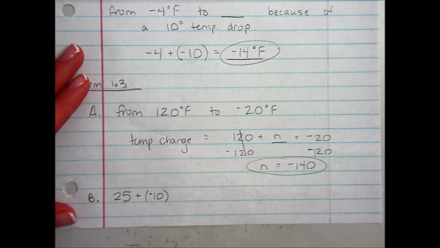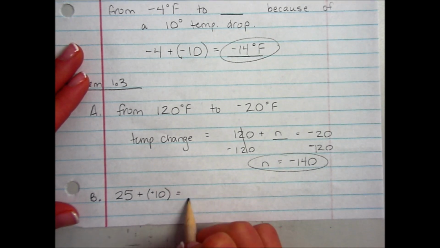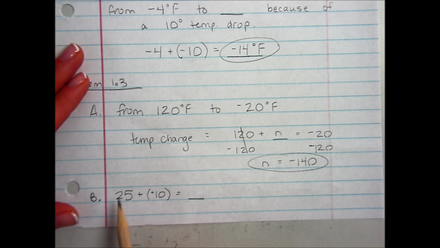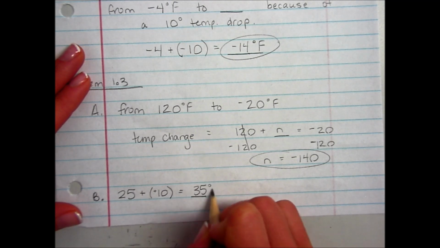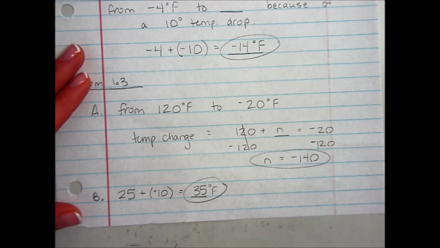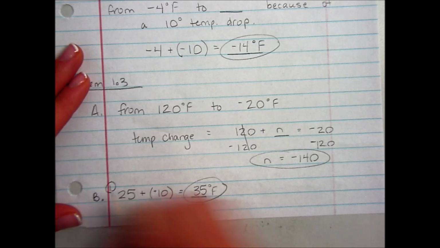If it doesn't have a negative, it's a positive. All right, so what is our new temperature? If we start at 25 degrees and then have an increase of 10 degrees, Lamar? 35. Okay, that one was pretty straightforward. So that was B, number 1.